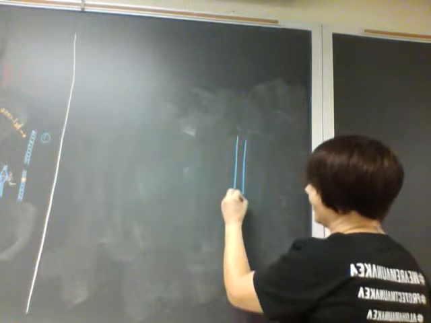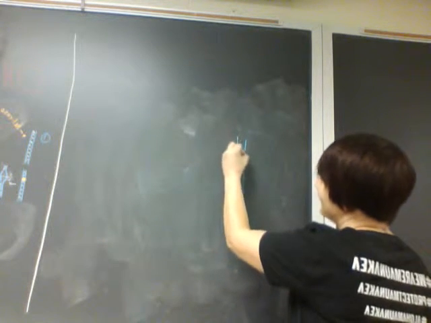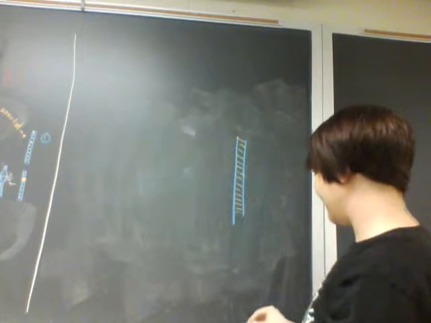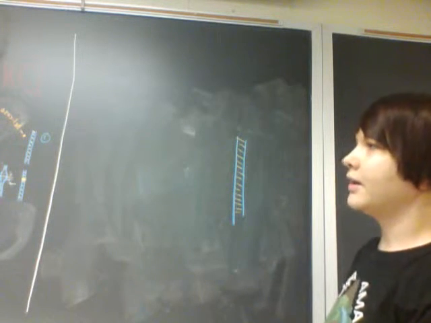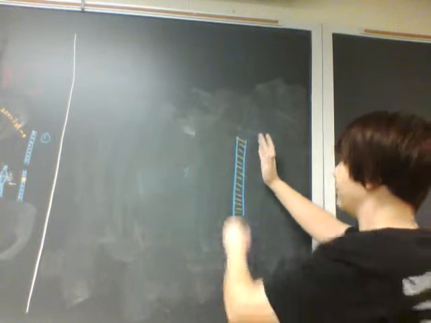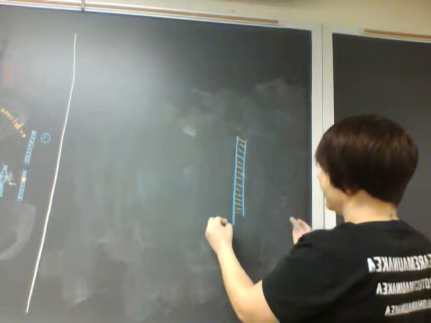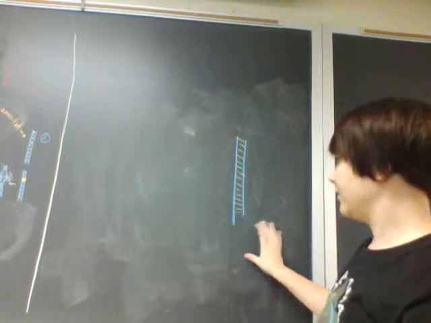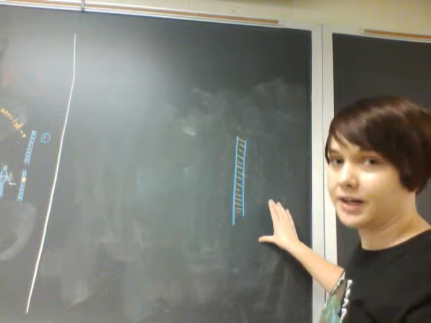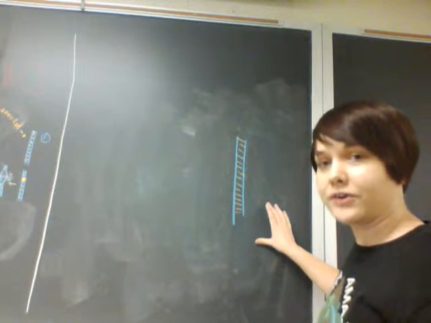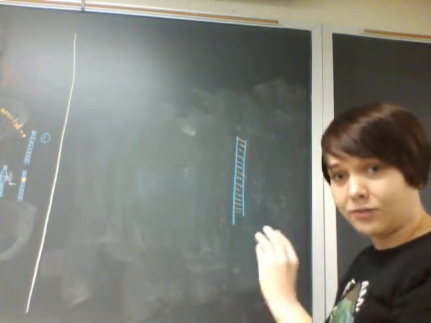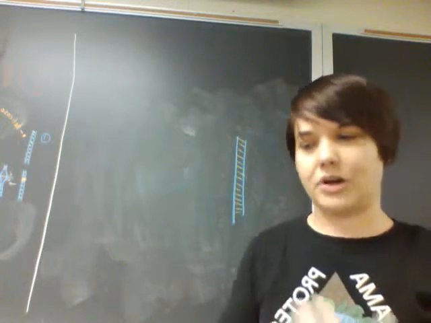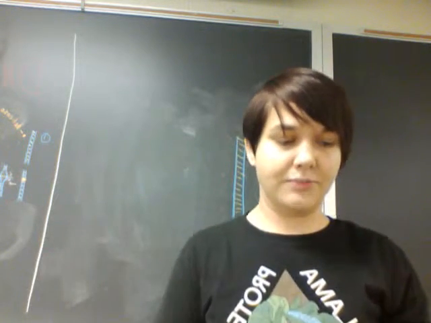So this is where imaginations come in handy. DNA ligase comes in and creates the phosphodiester bonds. And now we have two new DNA strands copied off of the original strands.